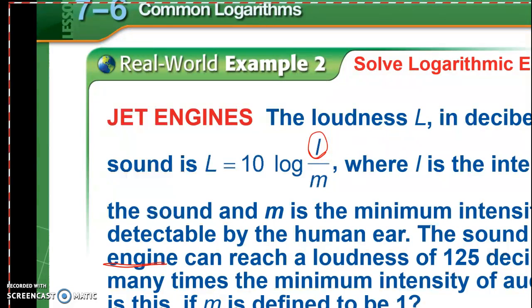So my base is 10, 10 to the 12.5 equals I. Then I put 10 to the 12.5 in my calculator and get 3.16 times 10 to the 12th. So the intensity of the jet engine is 3 trillion times more than the sound detectable by the ear. Pretty loud, but that's an example of where this is used.